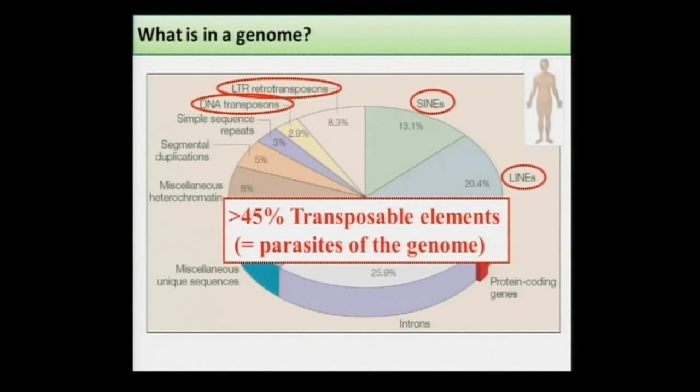These are bits of DNA that are able to take themselves out of their position, make a copy, and reinsert elsewhere, or to amplify by various means, independently of normal replication. So they've been described as parasites of the genome. So 2% are the protein coding regions, and half or more are virus-like elements that live and reproduce in your DNA.